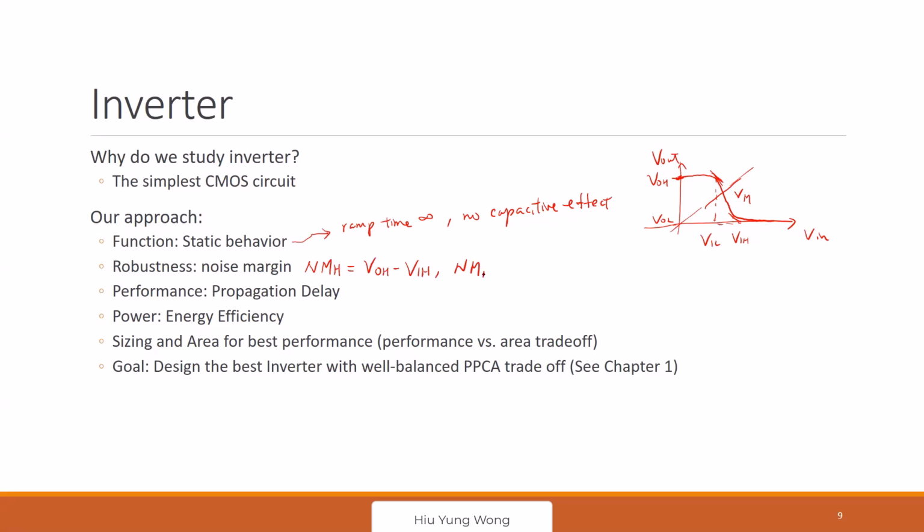The noise margin low is equal to VIL minus VOL, correct? Did I say anything wrong?